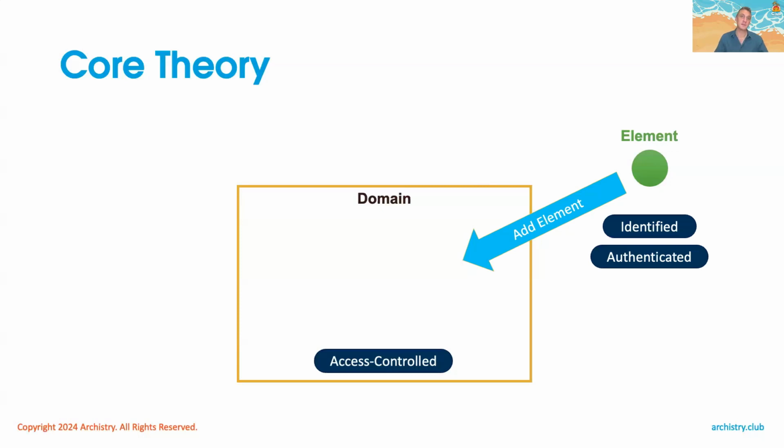So that's what this level of authentication is. It is really fundamentally our identity proofing process that we're using to say, can we leverage this element or not?